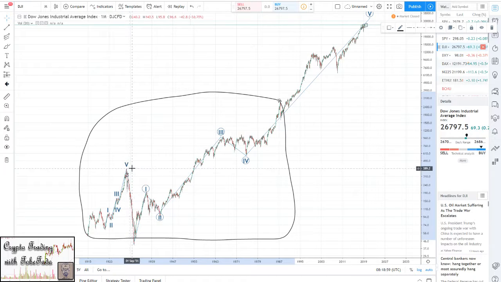Because in 1929 we had an all-time high of about 370, 380, and then it dropped down to 44. And so that's basically a decrease of 89%, almost 90%, and also an increase of about 600%.